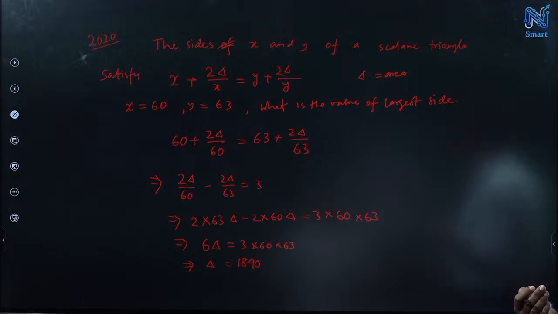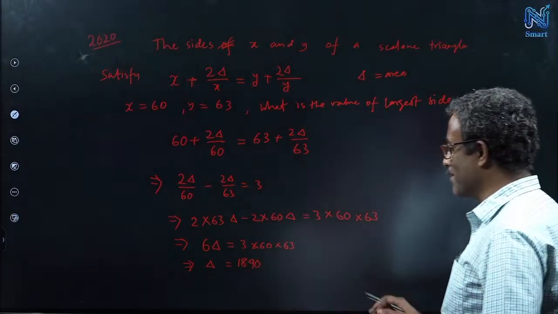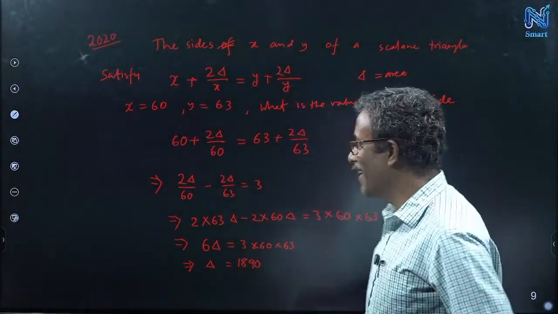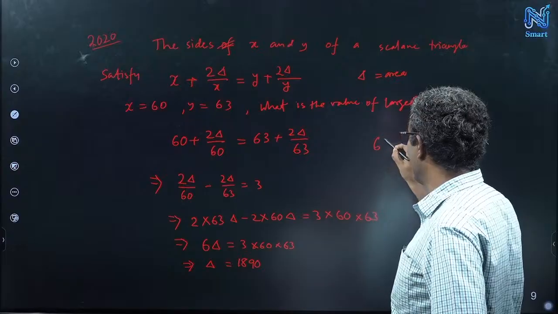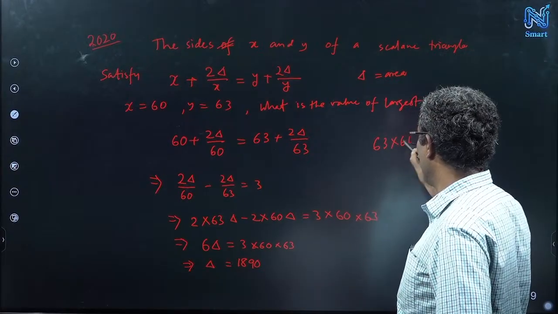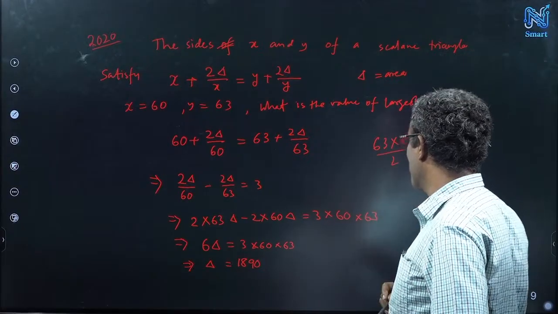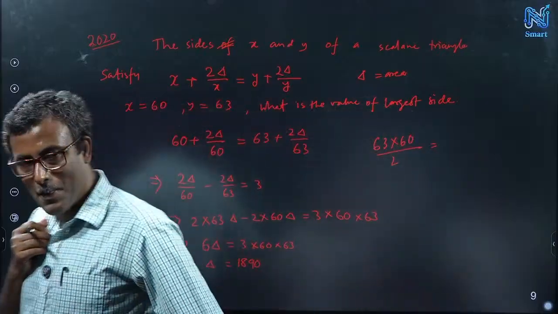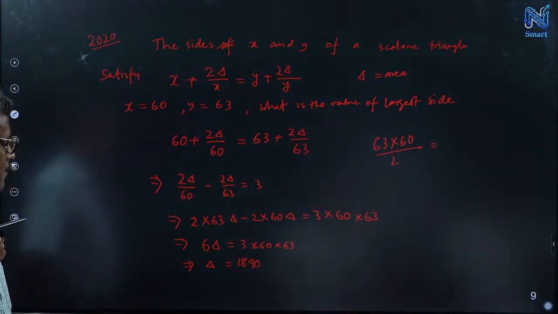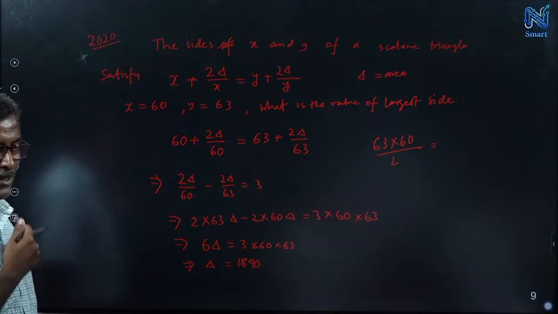Do you know what the height is? So this is very tricky actually. You see that 63 into 60 by 2, what is the value of that? 1890 actually.